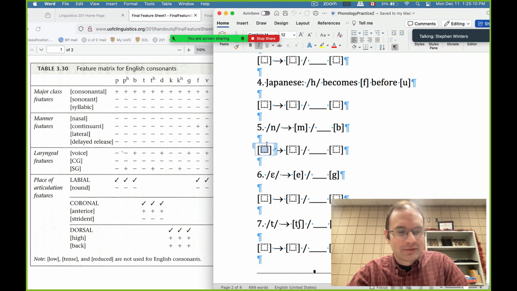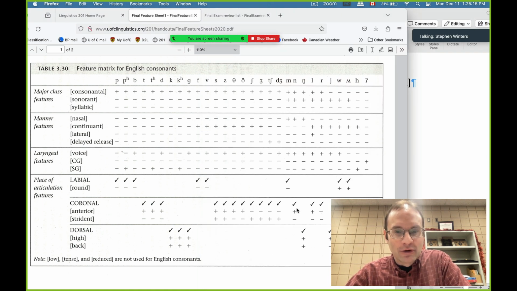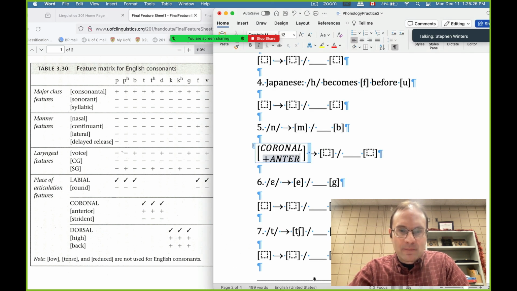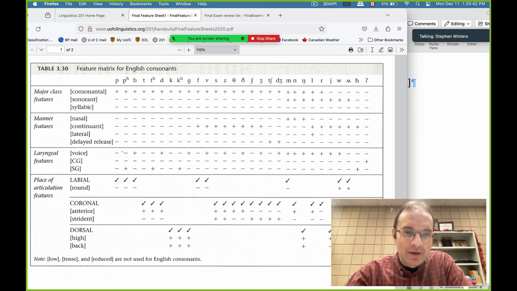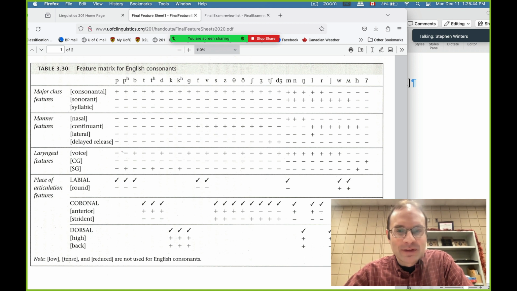Okay, so N is coronal. That's a start. There are a number of things that are coronal, though. So how does N distinguish itself from the rest of them? Plus anterior. Okay, that's a start. Some of these coronals are not anterior. How do we distinguish it from the rest? At some point we'll get to a reasonable number of alternatives, and then we can winnow them down one by one.